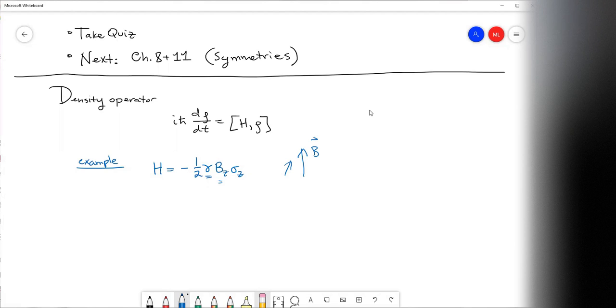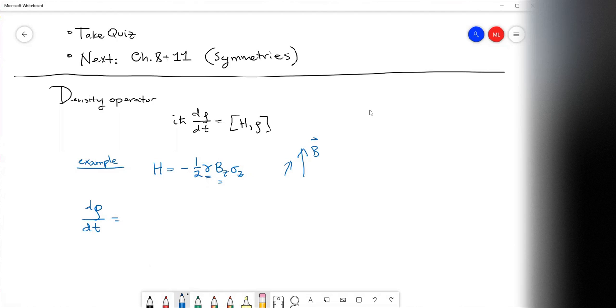So if you have this Hamiltonian, then you can calculate, of course, the equation of motion for the spin 1/2 particle.